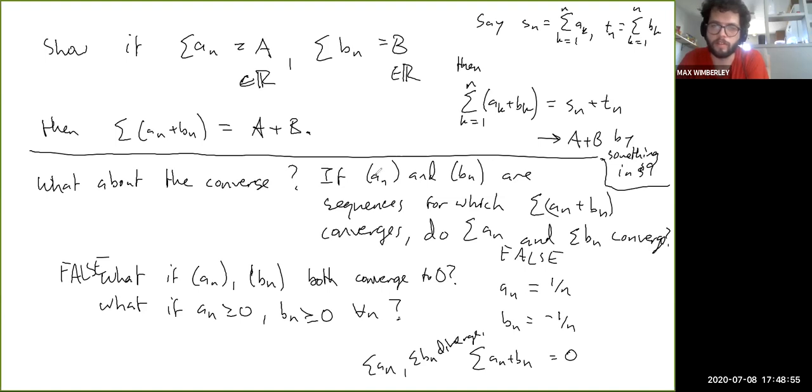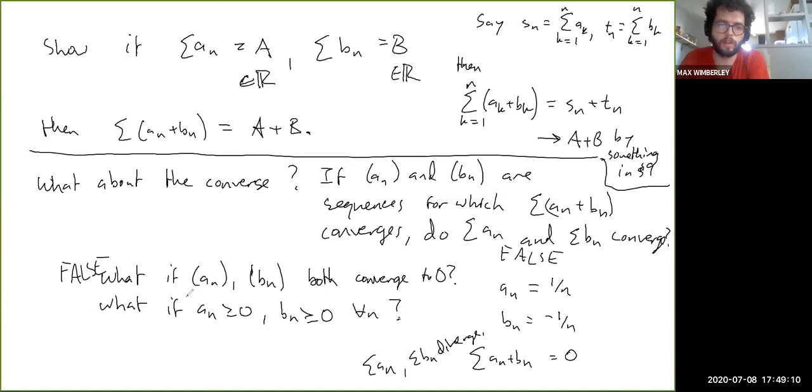Even in this case, both of these two series diverge, but the sum series converges because it's just all zeros. So that's the first two things.